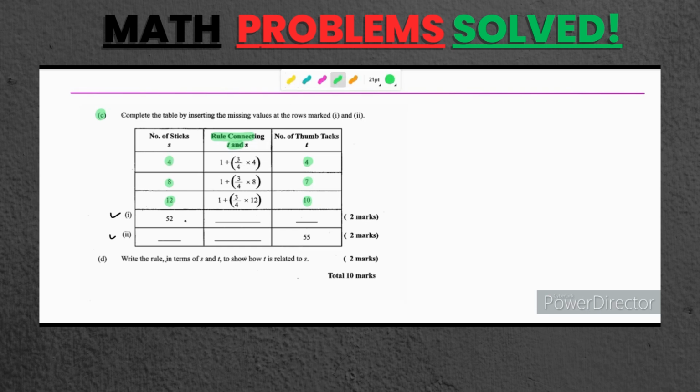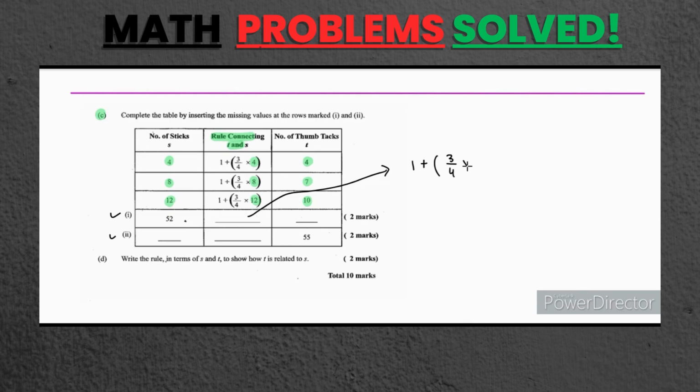Here we can see just the values of S are changing. If S is 4, we write 4 here, if S is 8, we write 8 here, and if S is 12, we write 12 here. So we have to find this thing here. It will be 1 plus 3 over 4, which is the same for all of this sequence.